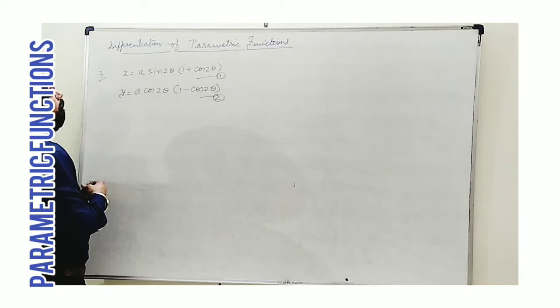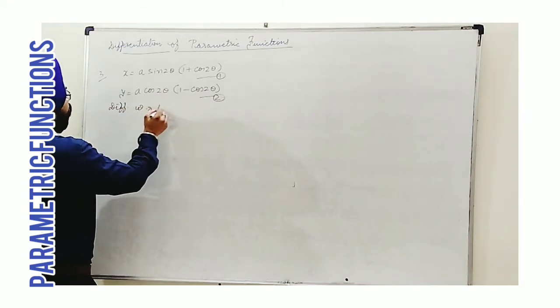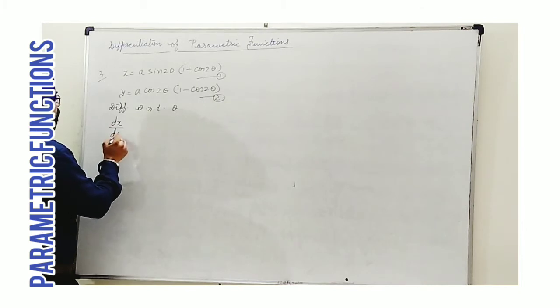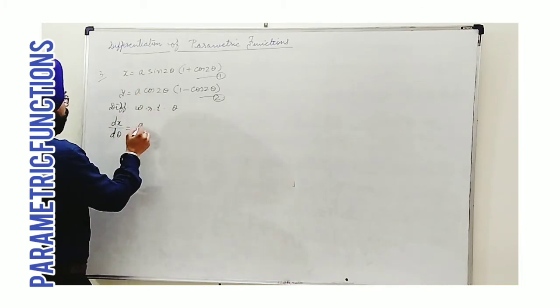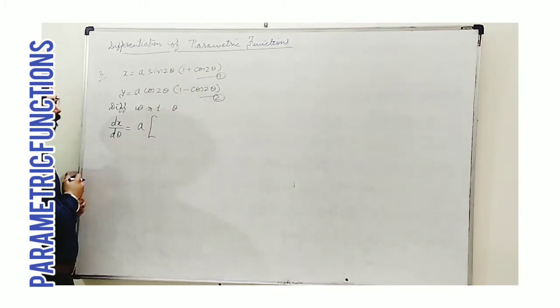Let's start. We will differentiate both functions, differentiating both functions with respect to theta. So from 1 we can say dx upon d theta, if I do, a being constant remains as it is, but for these two, the product rule is applicable.